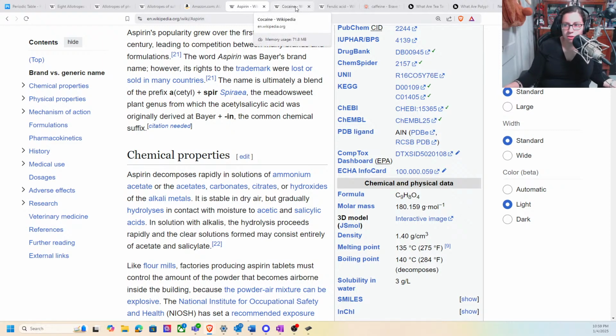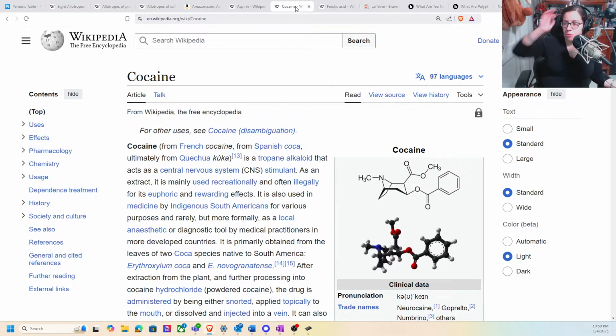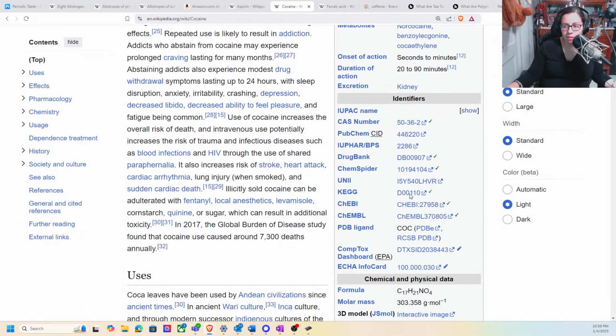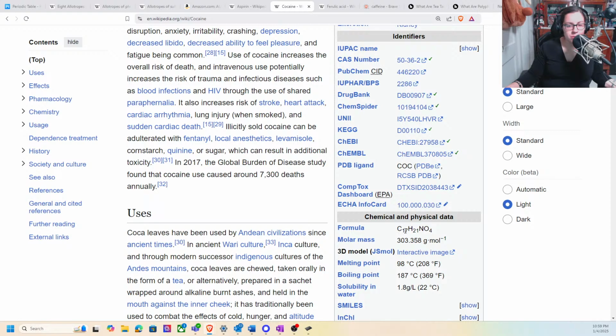I often joke that chemistry becomes the drug class. And here is cocaine. Again, a drug here. Here's the structure, and then the defined chemical formula here. C17H21NO4. And again, we'll dissect further what this means as we continue in our course.